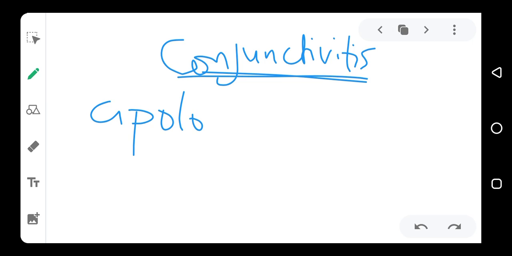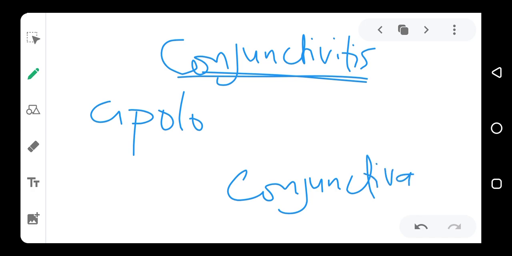Conjunctivitis affects the part of the eye we call the conjunctiva. It is that conjunctiva that gets red and starts itching, and that is why we call it conjunctivitis. Any inflammation on the conjunctiva is called conjunctivitis, and this is caused by bacteria most of the times.